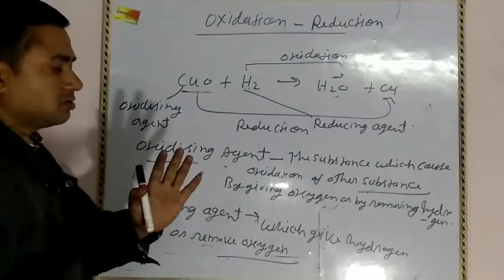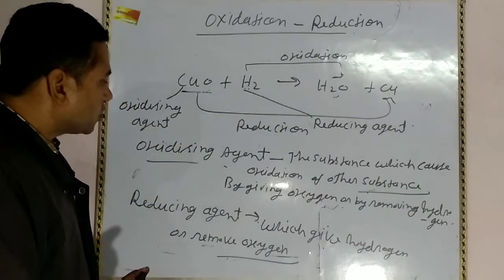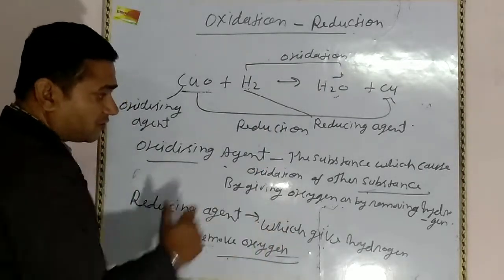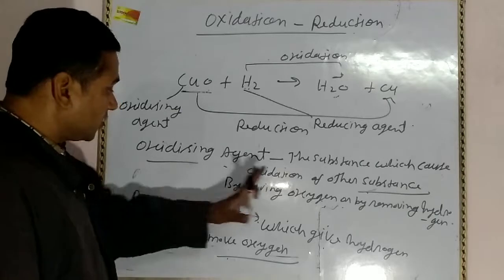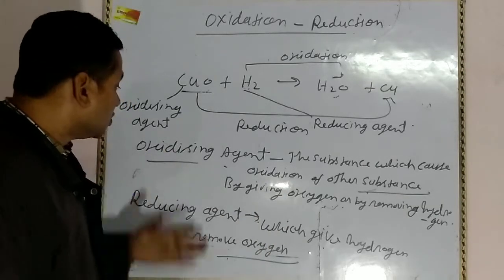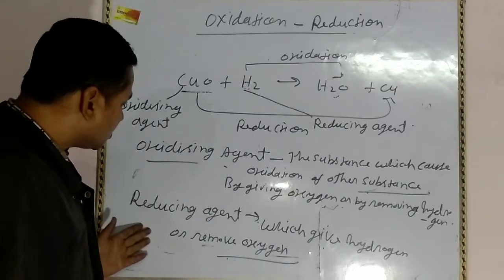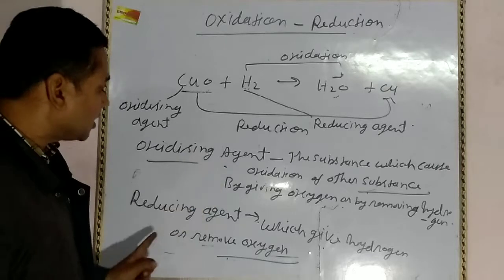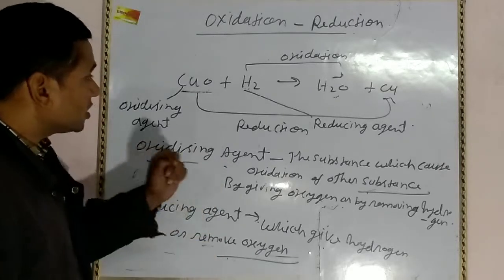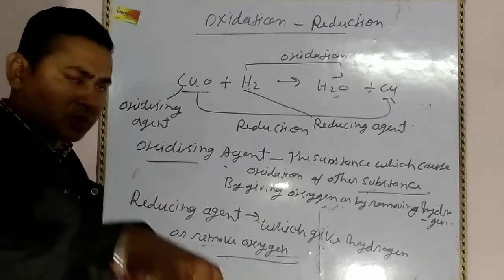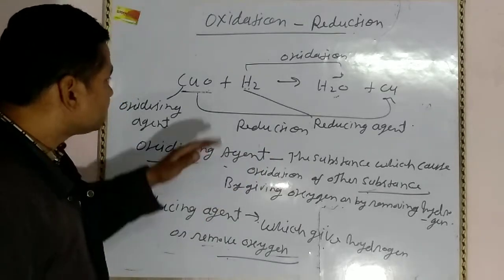So you can take a screenshot of this definition, definitely, because this is very important. Many times this is asked in your examination: what is the oxidizing agent and what is the reducing agent, how to identify the oxidizing agent and how to identify reducing agent in one reaction. I will give you one more example here.